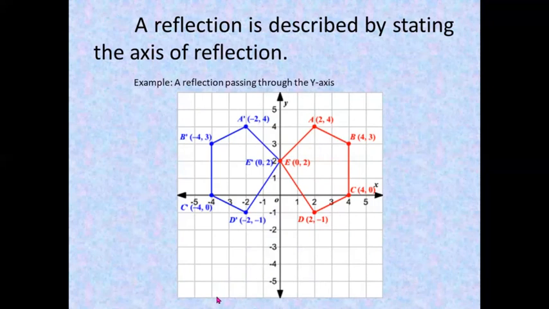So the object undergoes transformation by reflection along the y-axis. The axis of reflection is the y-axis. That is very easy to identify. It is just describing that the object undergoes reflection through the y-axis, forming the image.